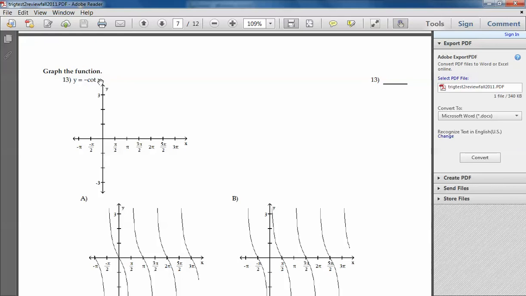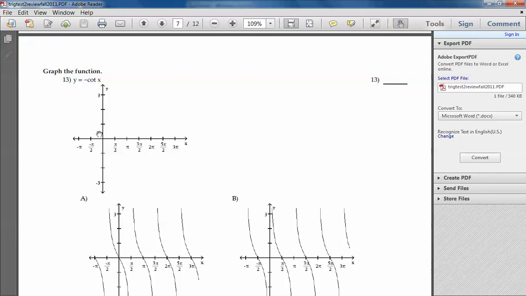Also recall that the period for tangent and cotangent is pi divided by omega. So on this problem, it's pi divided by 1. So it means the graph is going to repeat every pi. We can use that fact.